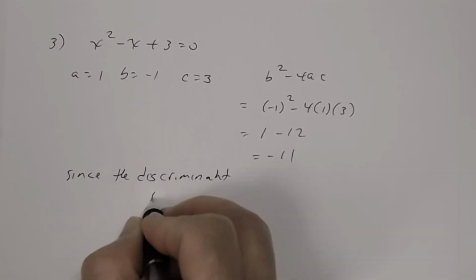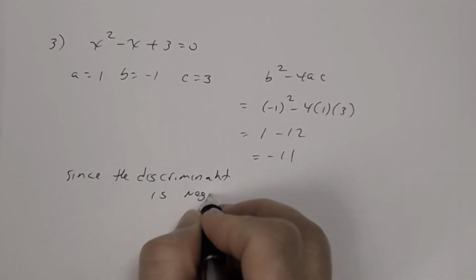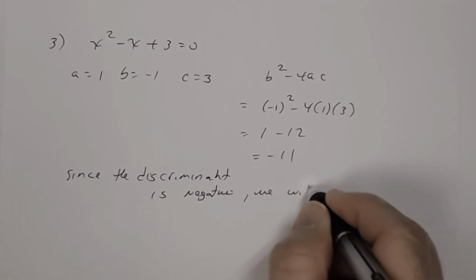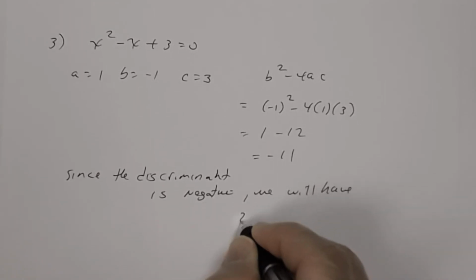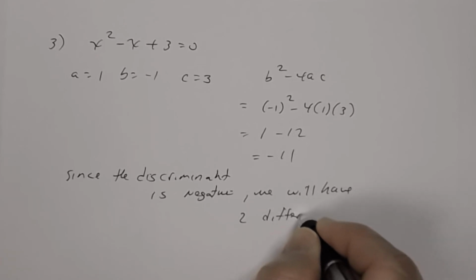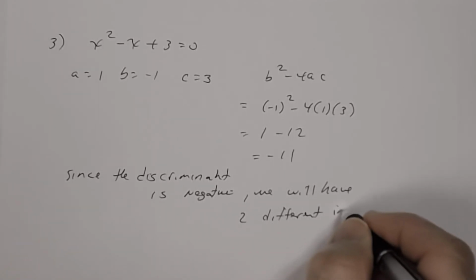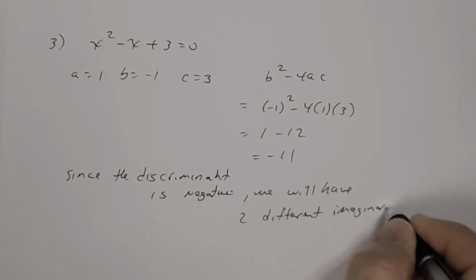Since the discriminant is negative, we will have two different or distinct imaginary solutions.